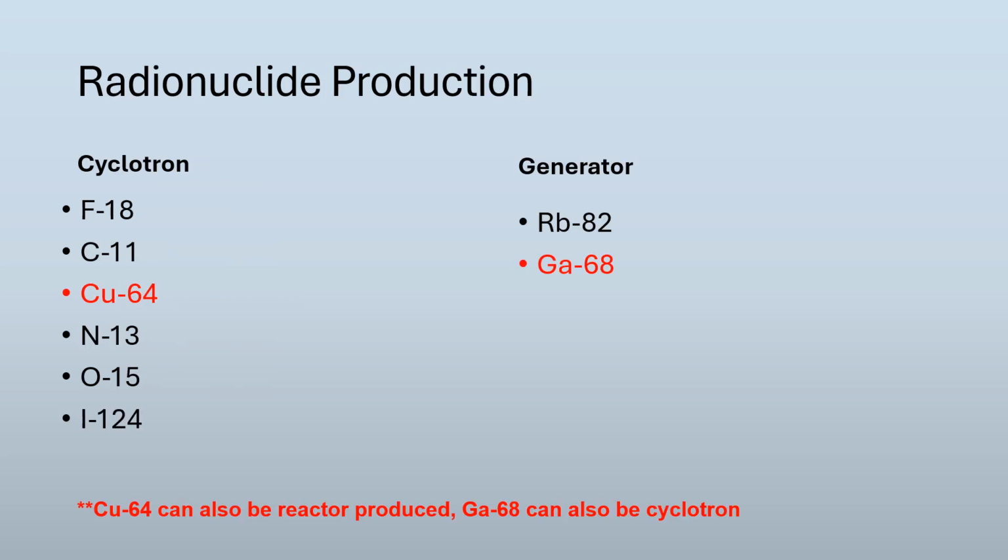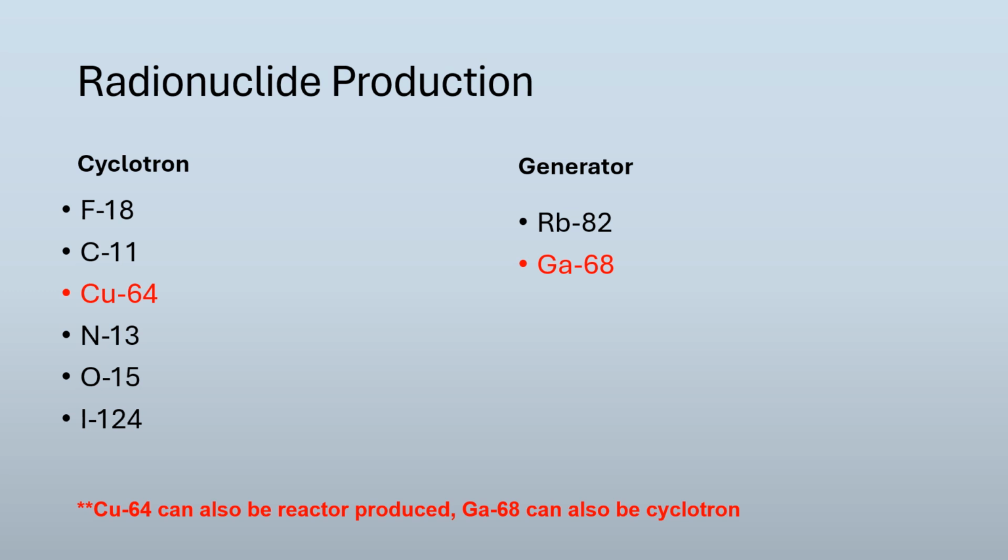So radiopharmaceutical production, typically by cyclotron, you have F18, carbon 11, copper 64, nitrogen 13, oxygen 15, and then iodine 124. Iodine 124 is largely still in use in clinical trials and not necessarily something that we use.